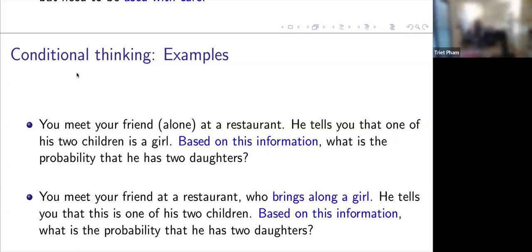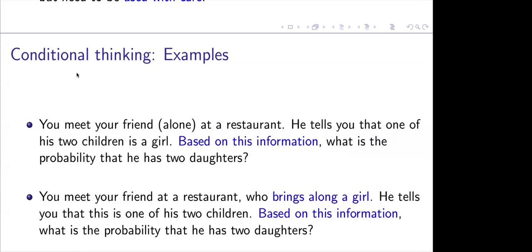All right, any input, any suggestion? I kind of wrote down what the original sample space would be before we know that one of the children is a girl, and I labeled it B and G. So you could do BB, BG, GB, and then GG.